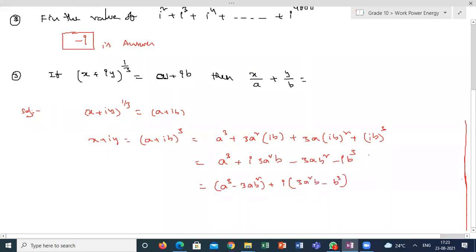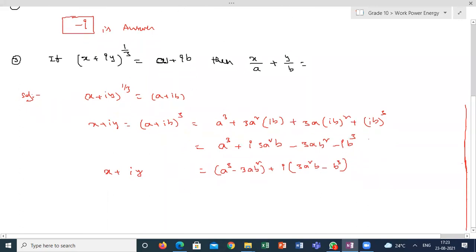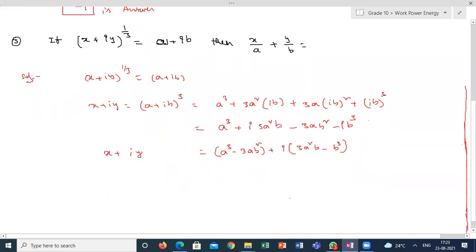Now we can equate the value of x to the real part and y to the imaginary part. If two complex numbers are equal, the real part of the left side must be equal to the real part of the right side.